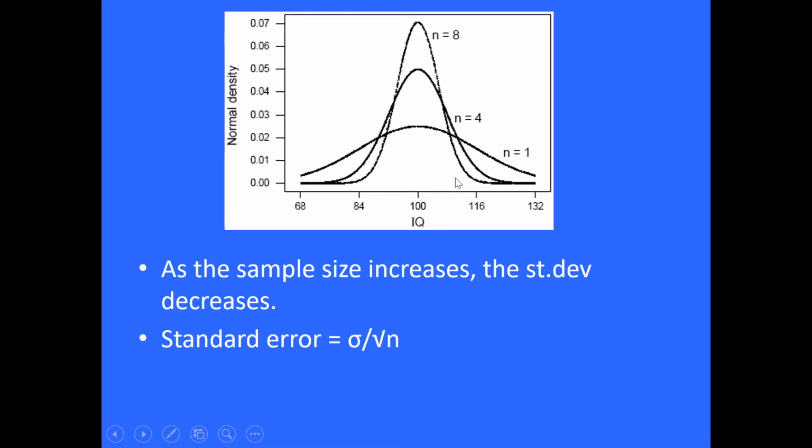So you go out, you collect 4 of these fritillaries, you calculate a mean. That's a data point. You go out, you collect 4 fritillaries, you calculate a mean. That's another data point. If you then graph all those means, this is the curve you get. So narrower than the one based on individual butterflies. And then this one at the top is even narrower because it's a graph of means of size 8.